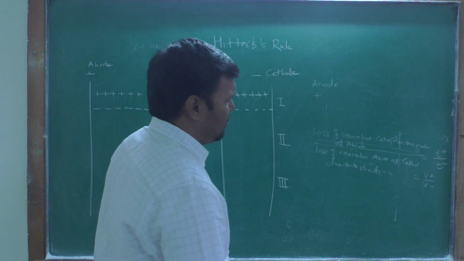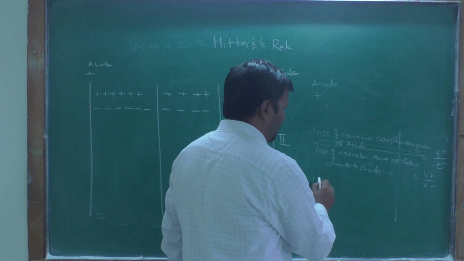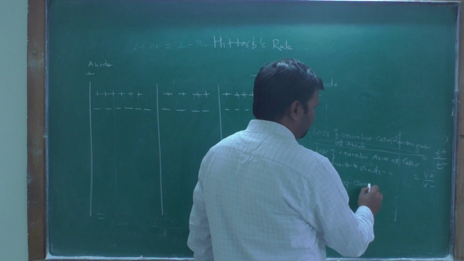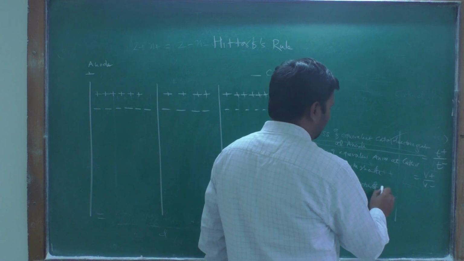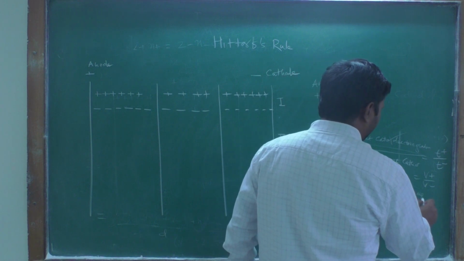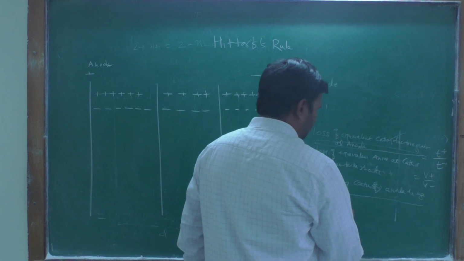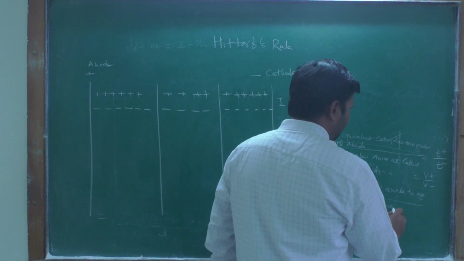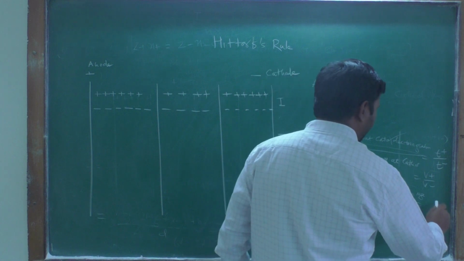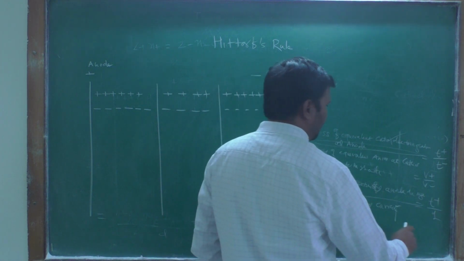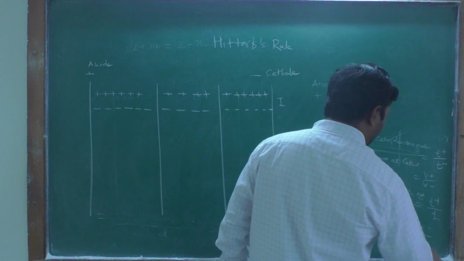It is also given by the loss of equivalent of cation at the anode due to migration upon equivalent current. If the equivalent current is 1, then for the cation it is T plus upon 1, and for the anion it is T minus upon 1.